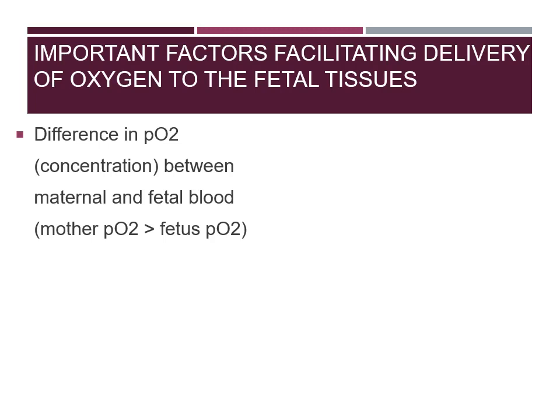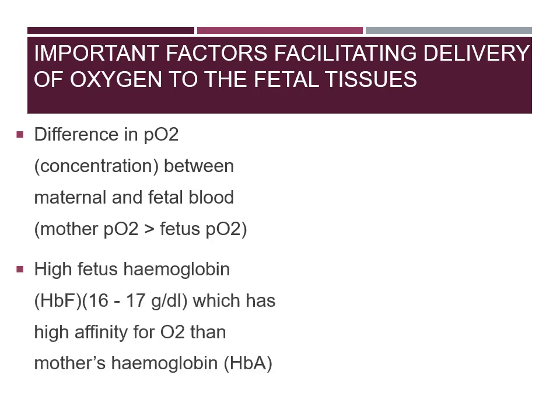The difference is not large, but it is sufficient to facilitate the delivery of oxygen to the fetus, due to other reasons that also facilitate the delivery of oxygen into the fetus, regardless of this very low difference.